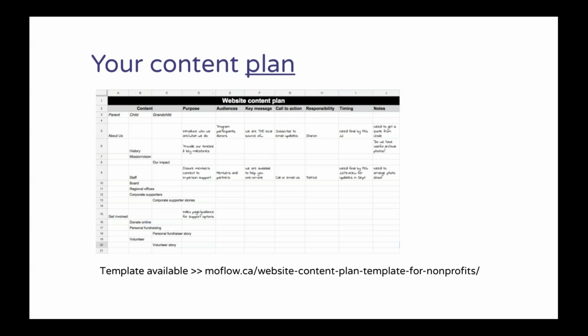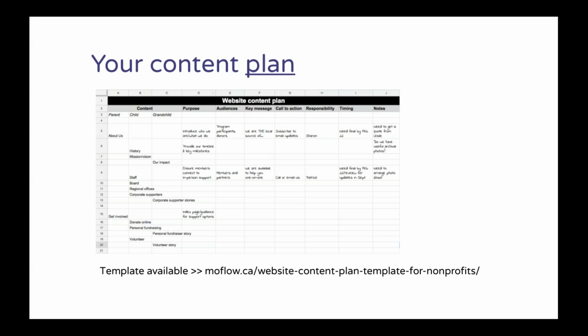What this is all about is making realistic plans and getting it all out there so you can see the challenges ahead and make decisions based on the time and resources that you have available, so that you can prioritize strategic, useful, and relevant content ahead of wish list items, which you can always add to once you've built your strong foundation of core content. You can get as detailed as you need to with this plan, adding anything you need to get it ready long before the site launch.